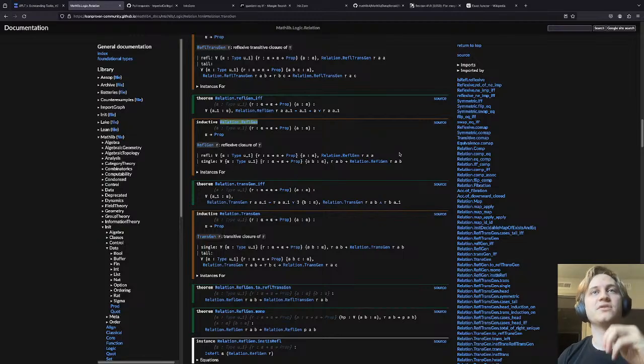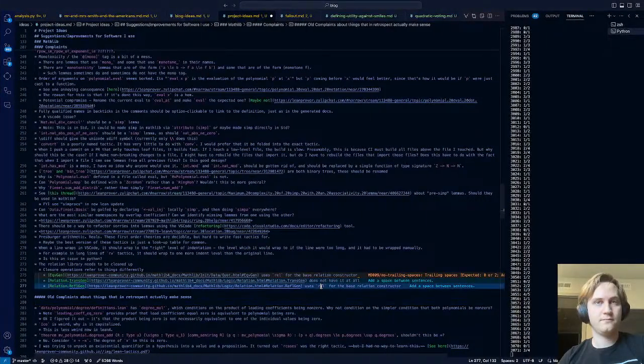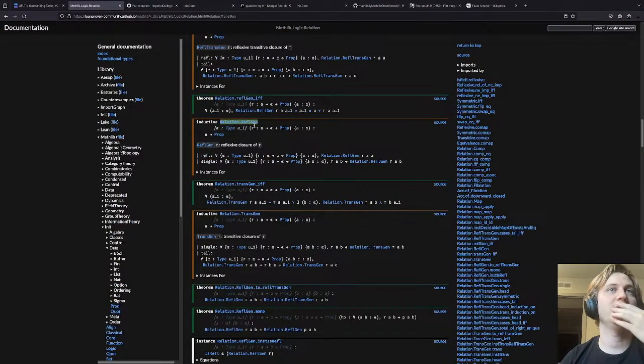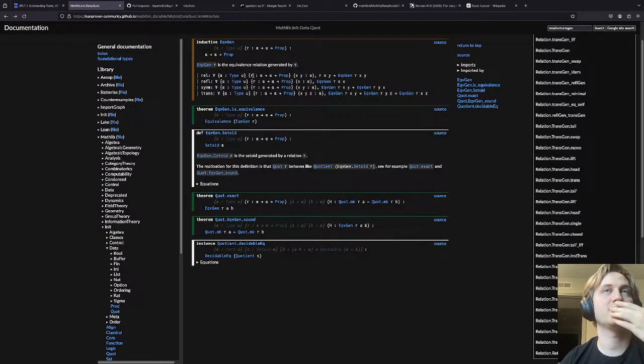No, yes, single. Single is what they're using here. All right, so here they use single, and the analogous thing for equivgen is rel.